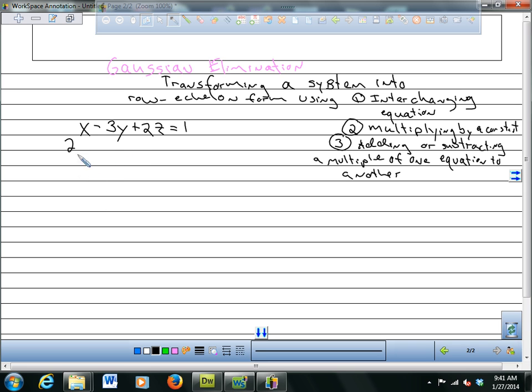And then we have another equation, 2x minus 5y plus z equals negative 5, and 3x plus y minus 2z equals negative 1. And they say solve this using Gaussian elimination.